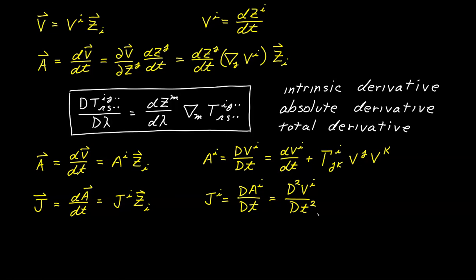Okay, well, that's a lot to take in, so let's take a break at this point and go recap what we've done. What we did in this video was to define a new operation known as an intrinsic, absolute, or total derivative. Now, the operation is a derivative operation taken with respect to a parameter lambda, which is used to define a curve in space.